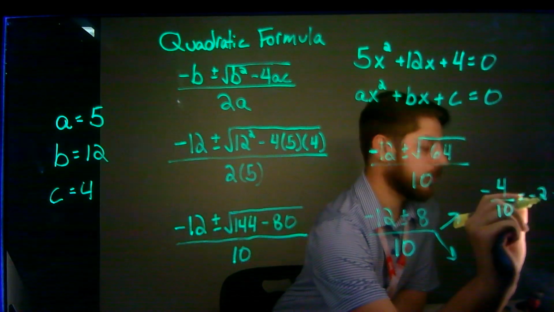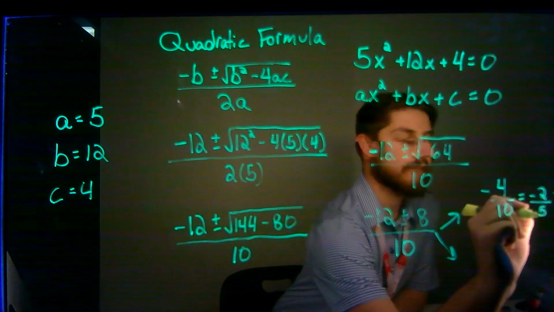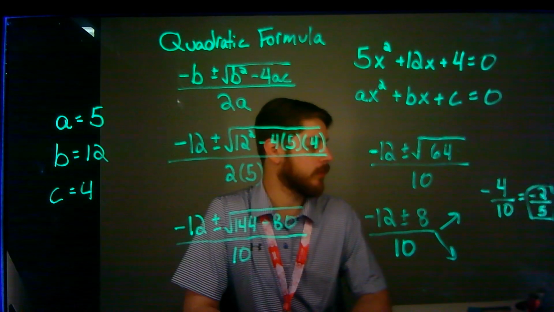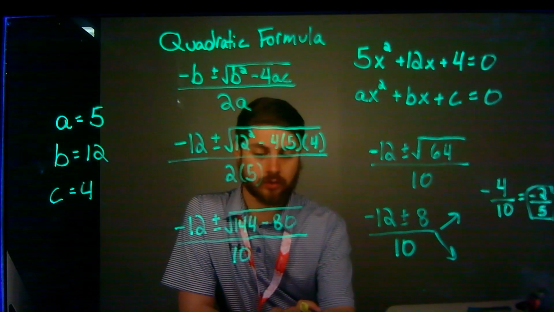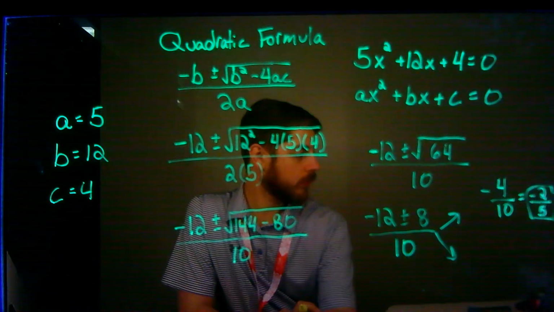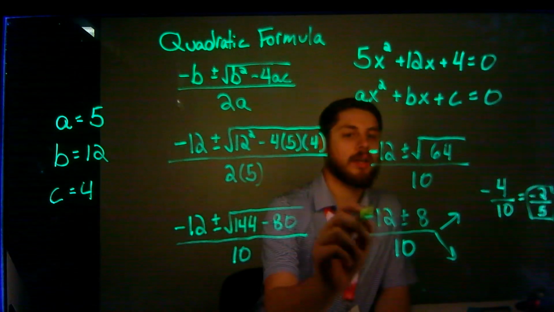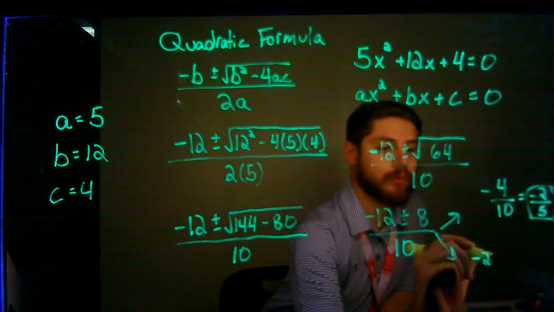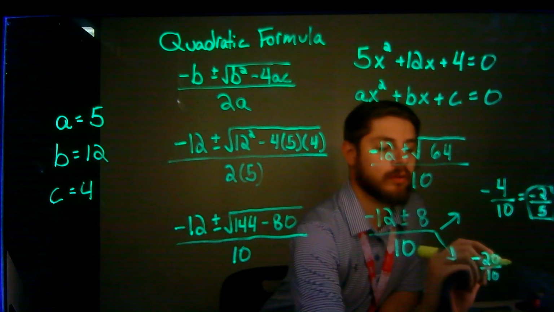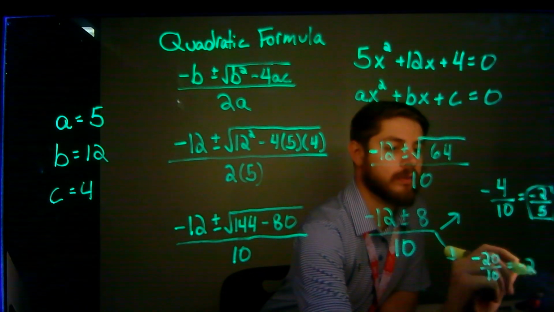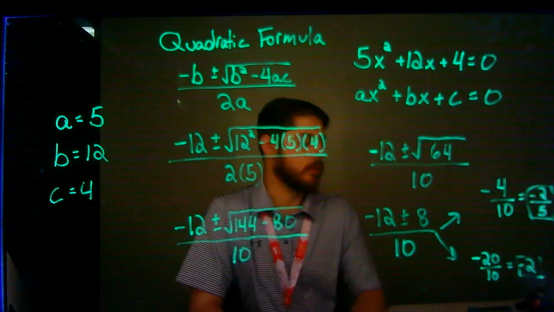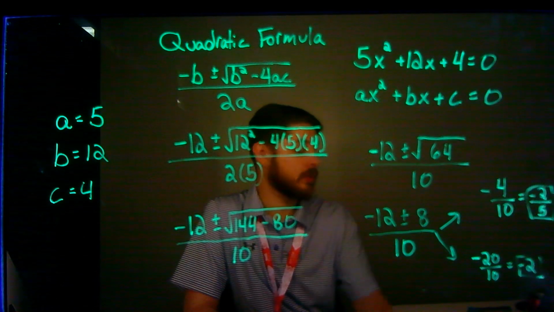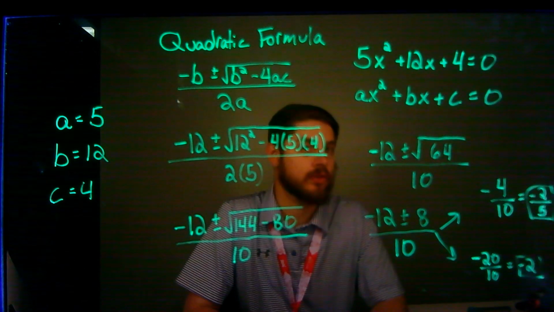And over here I got negative 12 minus 8, or negative 20 over 10, which will simplify to negative 2. So my two solutions to this problem are negative 2 fifths as well as negative 2.